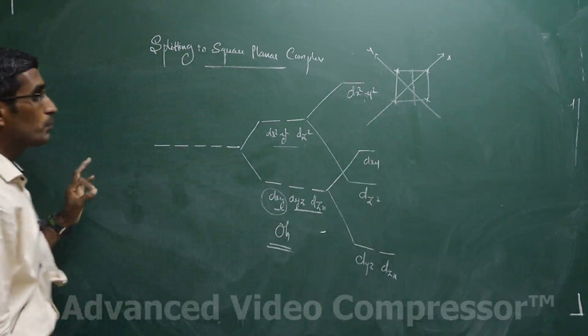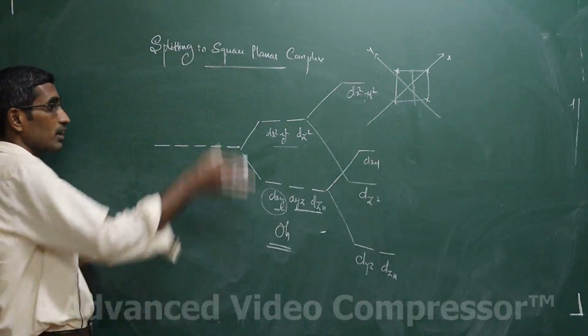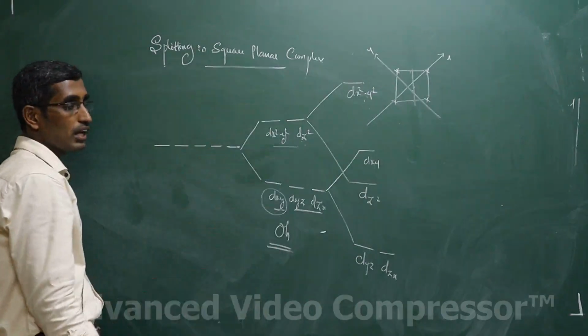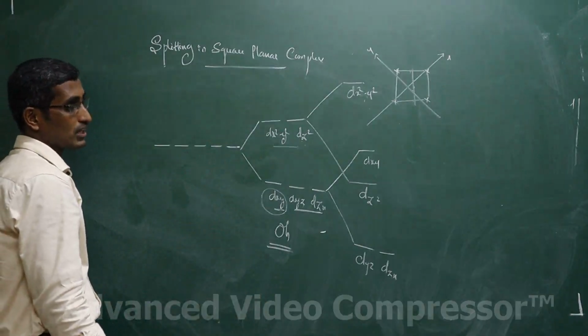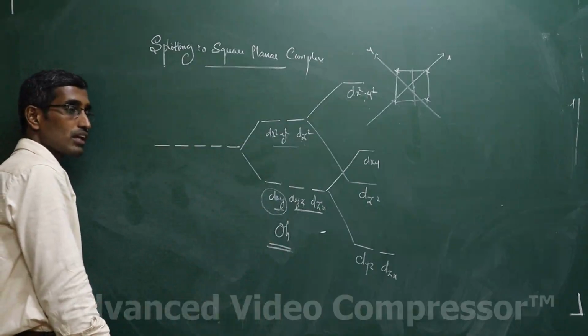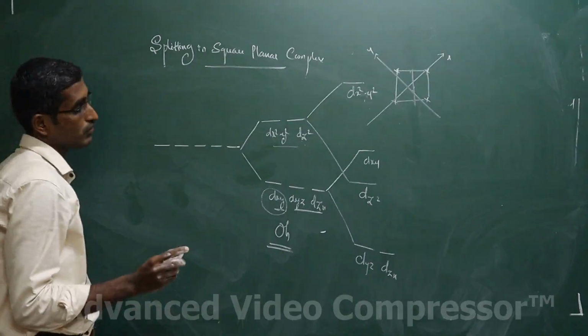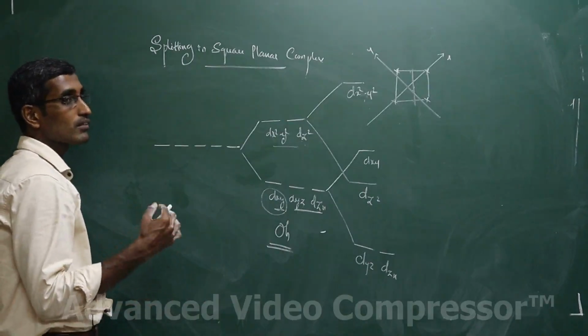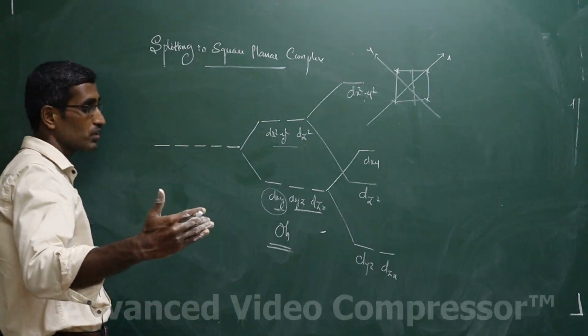This could be asked, students. It has been asked: arrange the d orbitals in increasing order of energy in the square planar field. What is the arrangement of the energy of the d orbitals?